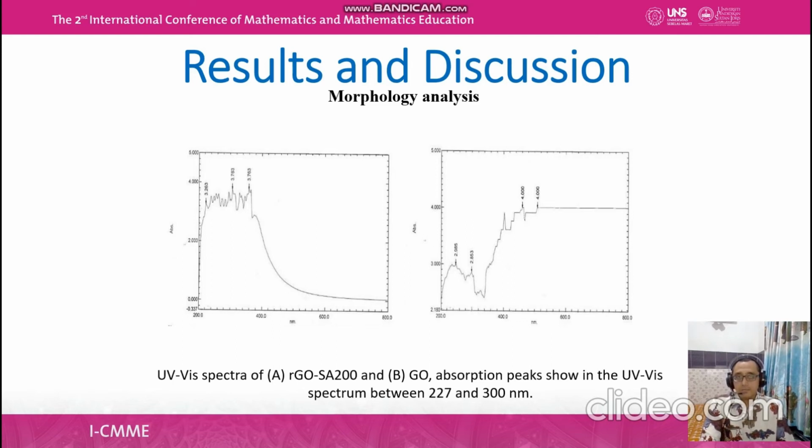Moreover, the absorbance peak at 227 nanometer originated from the aromatic ring transition, whereas the red-shifted peak at 276 nanometer originated from the bond transition embedded in reduced graphene oxide.